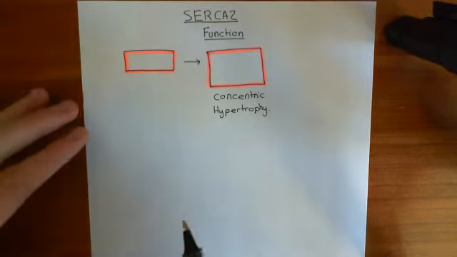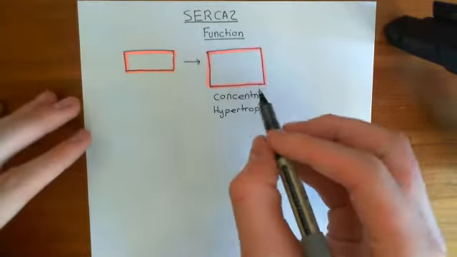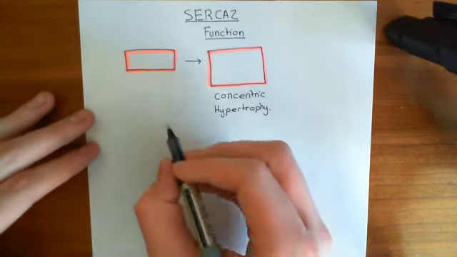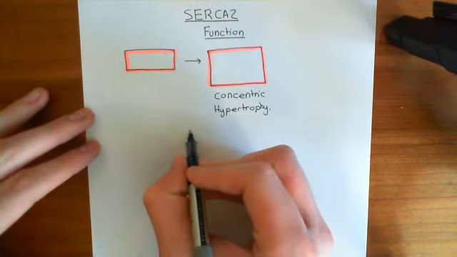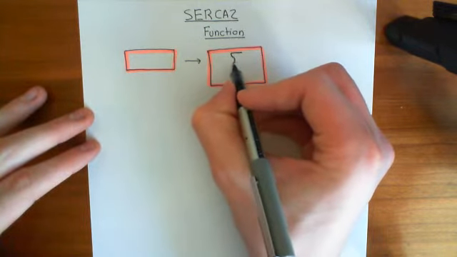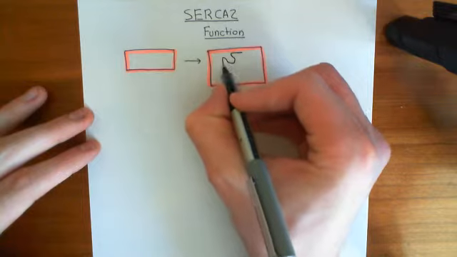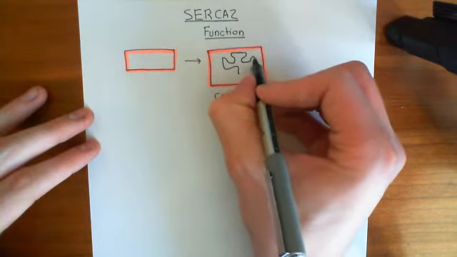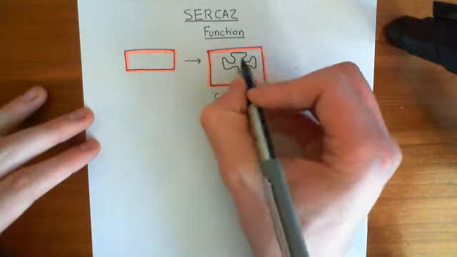So, let me remind you of what SERCA2 is. Within the cardiomyocyte, you have the sarcoplasmic reticulum. So, let's draw the sarcoplasmic reticulum within this cardiomyocyte here. Here's our sarcoplasmic reticulum, and it will have a huge number of these processes coming off it, which will be forming synapses with the T-tubules that may well come in.